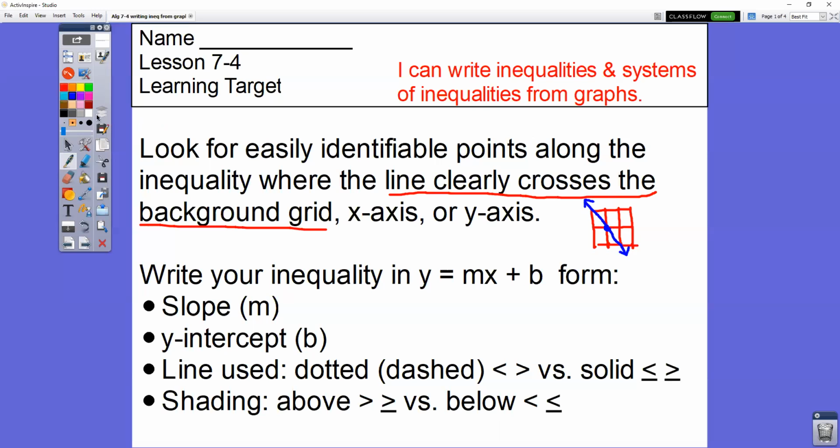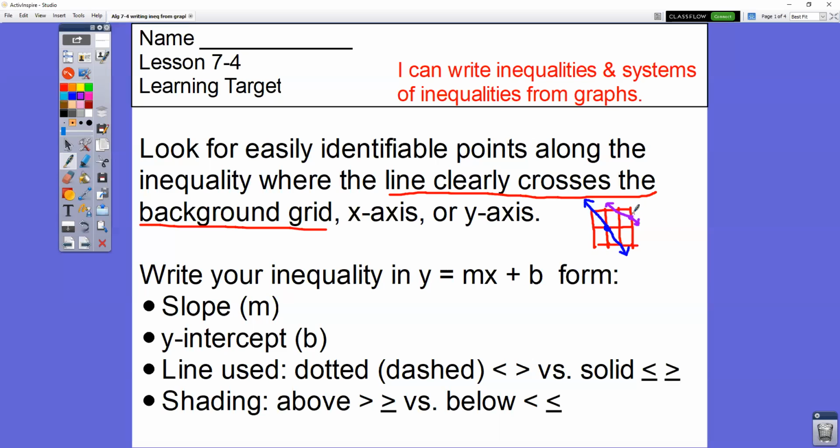As opposed to if we take this purple line, if we have a line that goes like this, where it doesn't go through any of where the background grid crosses, that was bad. I can't tell where, for example, this point is.